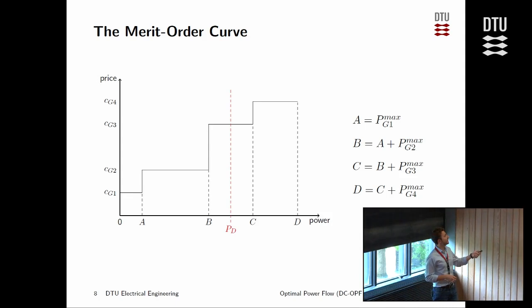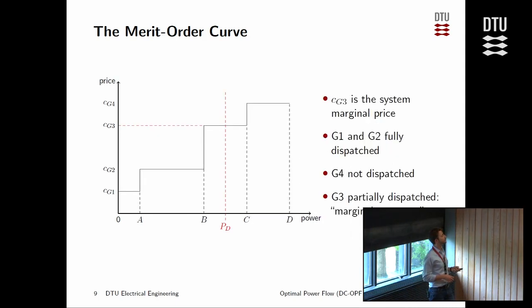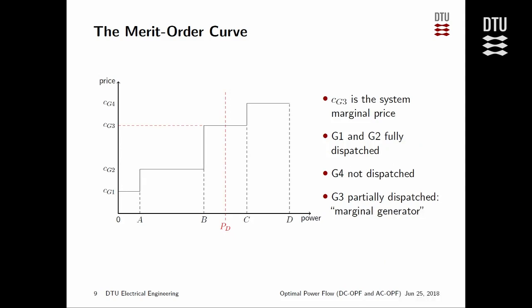Then what we're going to do is we're going to dispatch this generator, and this one, okay? And then the price that we call the system marginal price is going to be the price of the last generator that got dispatched. That's the price in a power exchange setting. That's the price that all generators are going to get. It's a uniform price for all generators that have been dispatched. Okay, good. Questions?